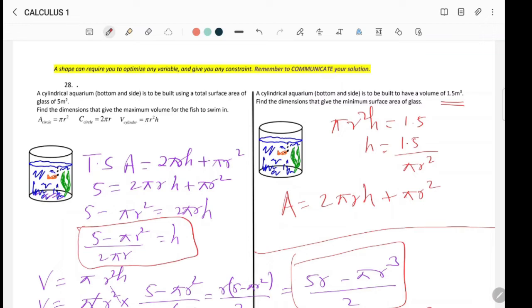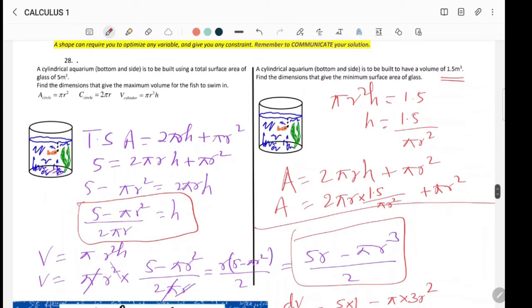Now we have to put height here, so 2 pi r, and height is 1.5 over pi r square, plus pi r square, right?